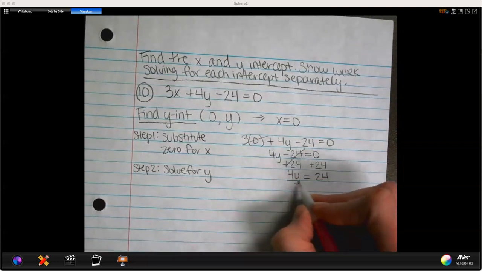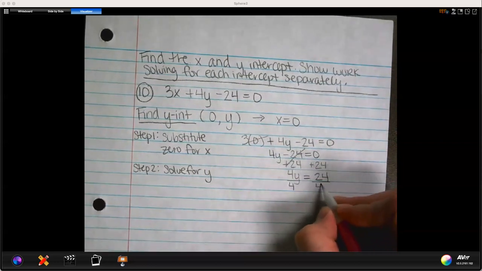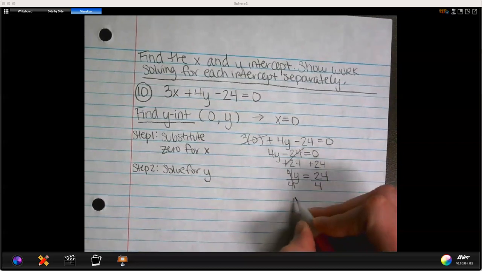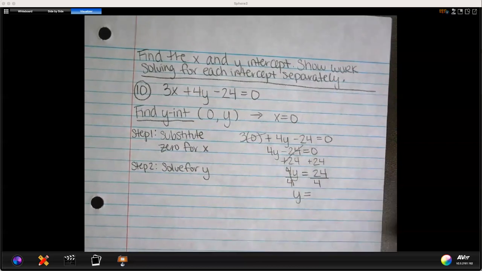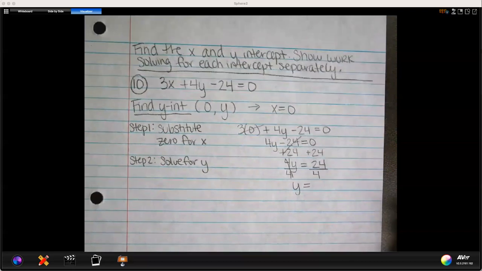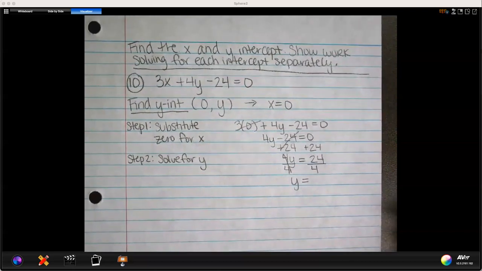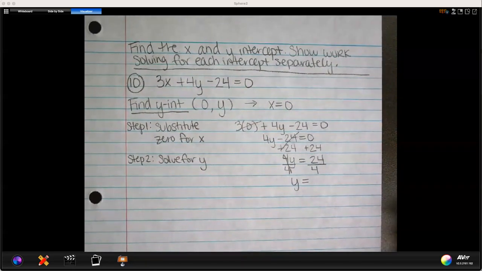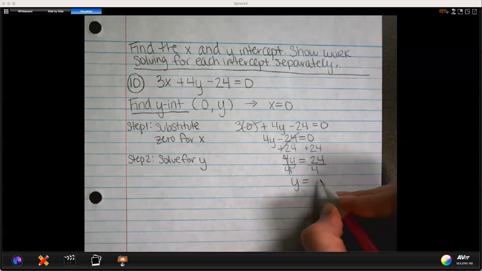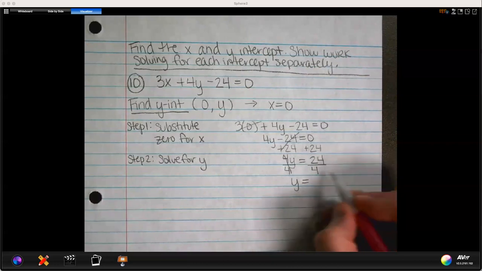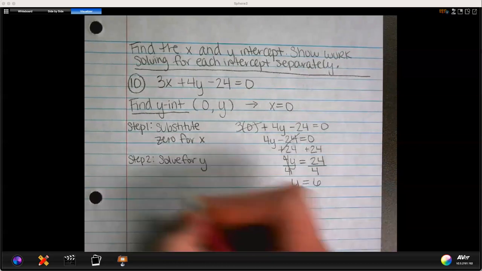And then we divide by 4. So 24 divided by 4 is 6.